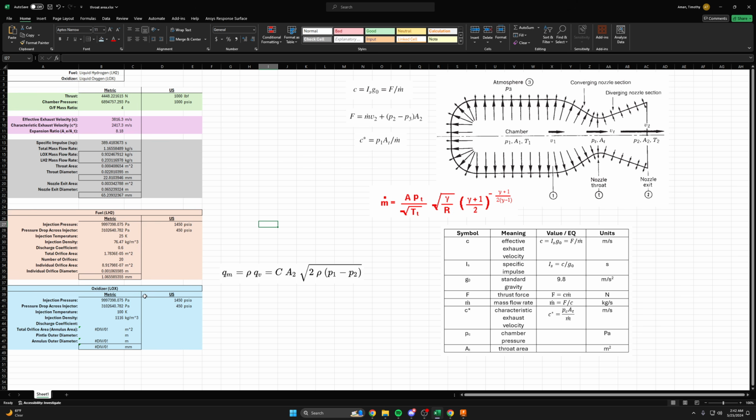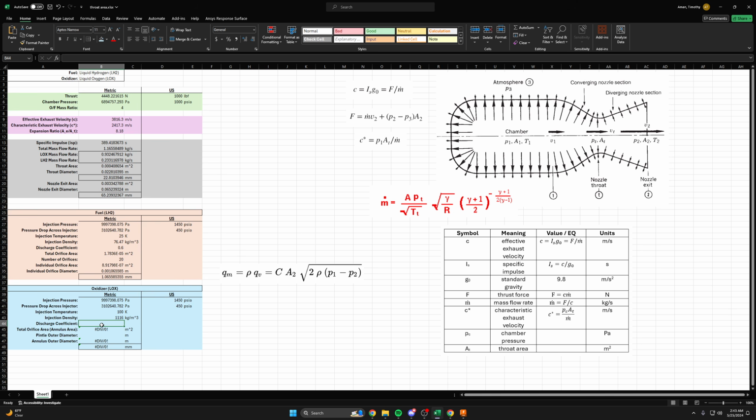And then for the liquid oxygen, we're going to do the same, but since we're going to choose a fuel-centered pintle injector, the fuel will go down the pintle post and then through the orifice holes, and the oxygen will actually come through an annulus gap around the pintle, sort of as a sheet. So what we're actually looking for is not hole diameters. We're looking for the annulus diameter or the annulus area for the liquid oxygen.